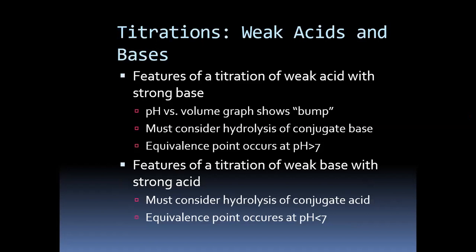Again, you're going to have an S-shaped curve where the conjugate acid that's produced by neutralization of the base is now going to hydrolyze and give you a solution that has a pH lower than 7. Okay, just remember those features. I don't need you to remember all of the quantitative analysis, all right? Mainly the features of this type of process.